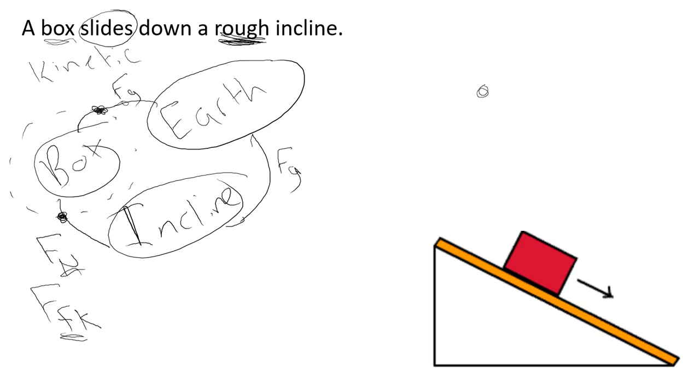So when I go to my free body diagram, I'm going to have 3 vectors or 3 arrows. So I always like to start with FG because it's easiest. Always pulls down. And now here's where it gets a little tricky. If you remember, the normal force is always perpendicular to the surface, which in this case is the incline.